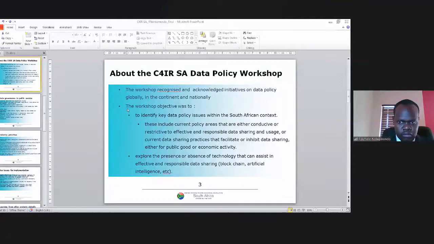What are the key issues that came out of that workshop? This is important as we consolidate moving forward and begin to say, how do we take this initiative forward? So, Fulufhelo, you've got the floor.